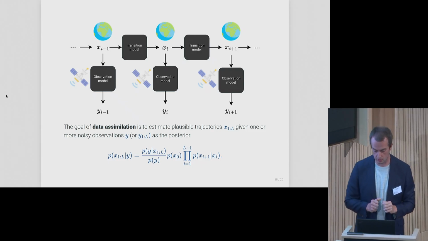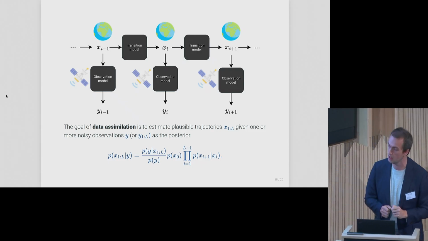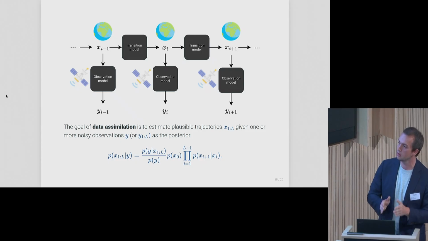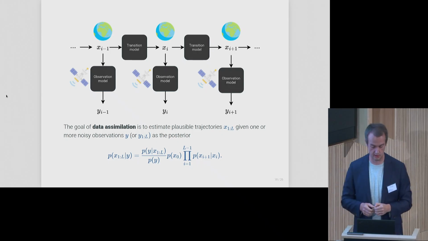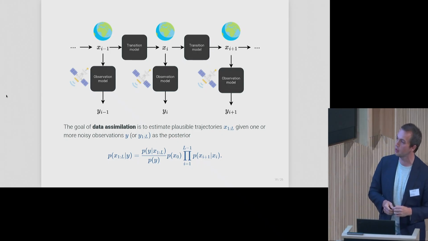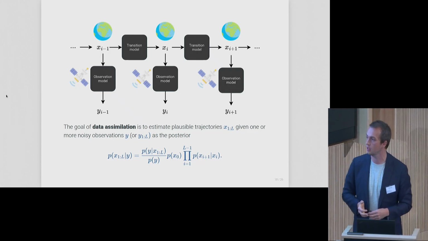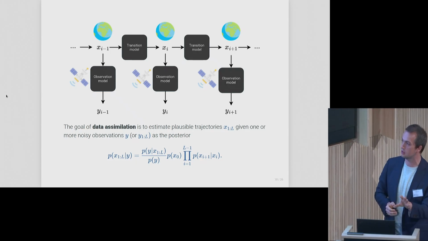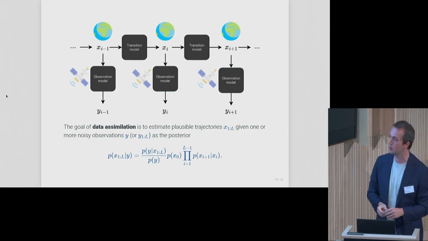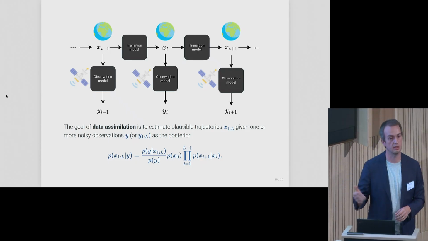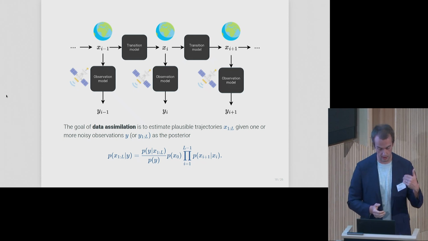And then what we want to do, the goal of data assimilation, is to estimate plausible trajectories, so a sequence of consecutive states, x_1 to L, given an observation. And that, again, can be expressed using Bayes' rule through the components that we have: a prior over the state trajectories, which itself can be decomposed as a prior over the initial state, and then the transitions from one state to the next, and then the observations y that we relate to the states.